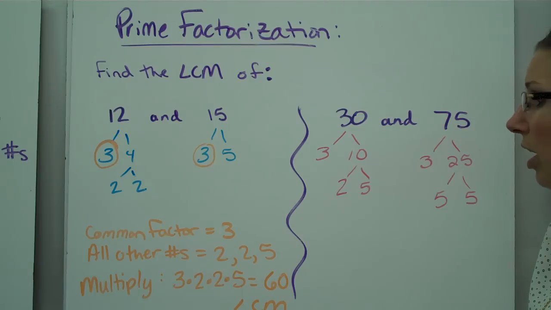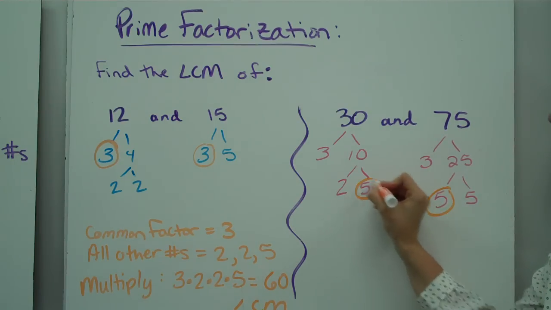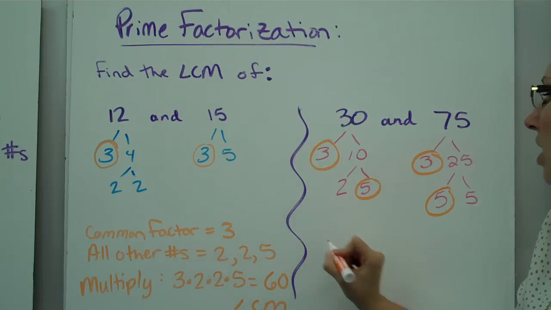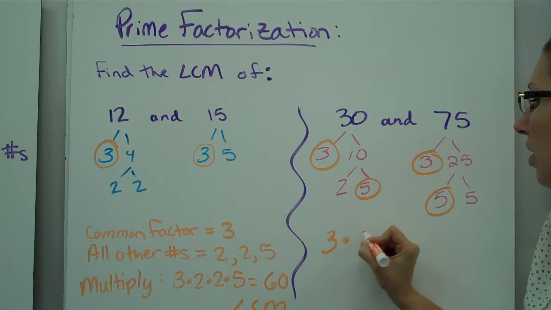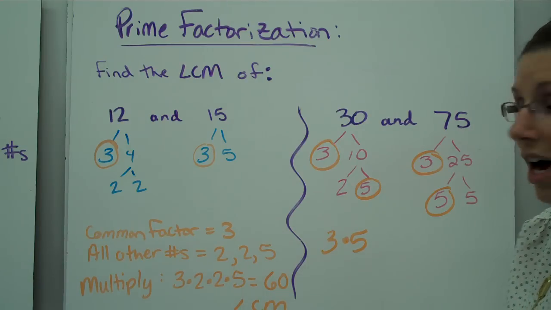I'm going to circle my common factors. They have a 5 in common and a 3 in common. So I'm going to use 3 times 5 because they had a 3 in common and a 5 in common.